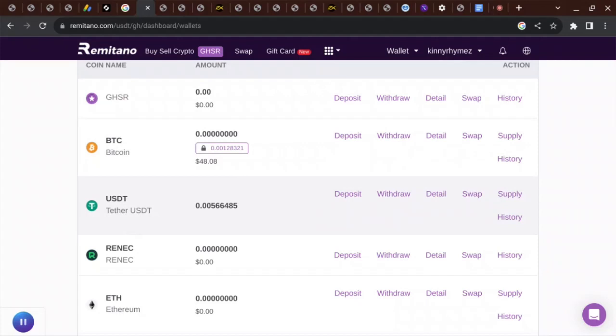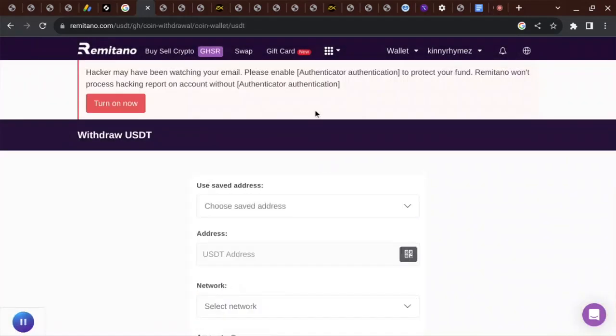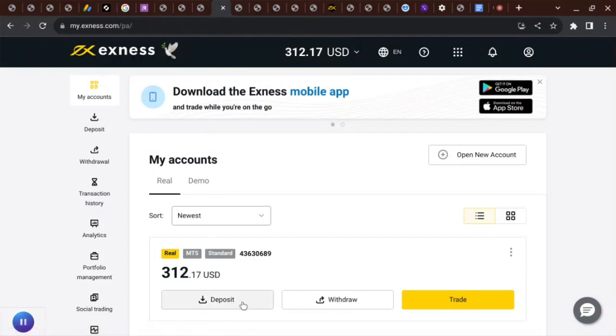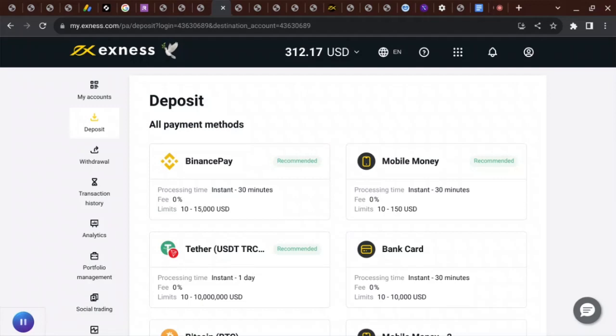If it delays a little, the buyer will think that you're trying to defraud him or her. So to do genuine business, I would advise that you always withdraw your money from here through the crypto network, and you go to your exchange account, and you go to deposits, or if you are using Binance too, you can use that.